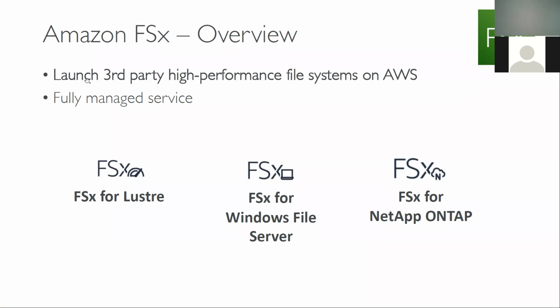They launched third-party high-performance file systems on Amazon. For Linux, they have Lustre. For Windows file server, they have FSx for Windows. There's also FSx for NetApp ONTAP, where the files are saved on a NetApp storage device.